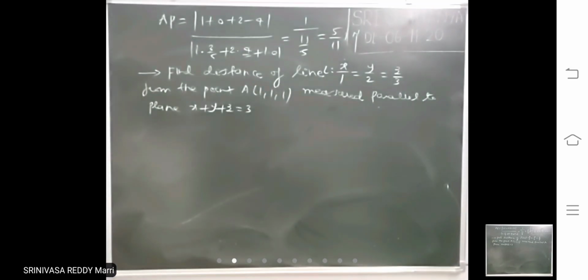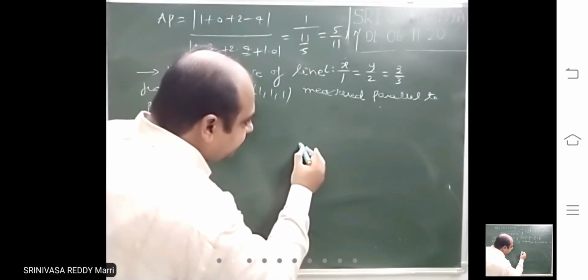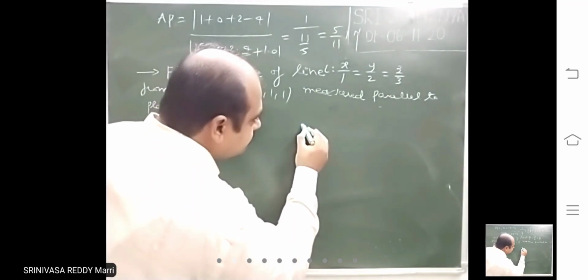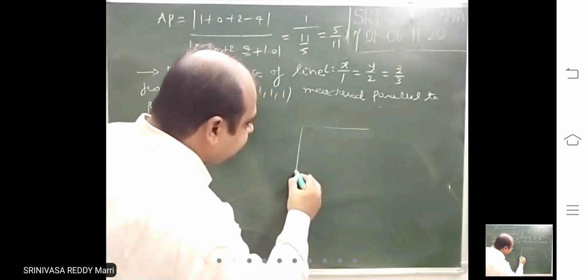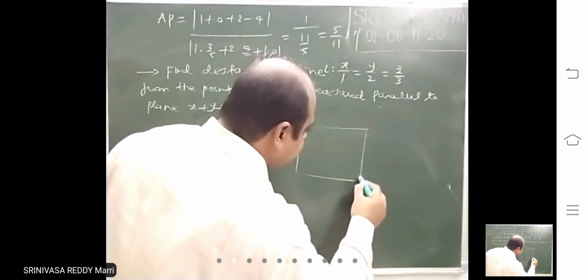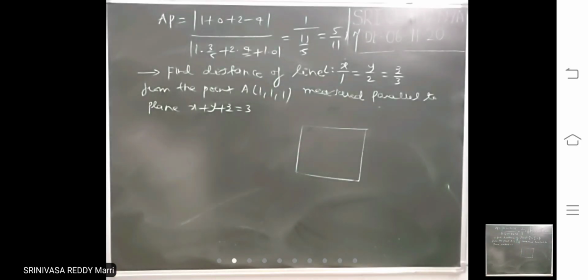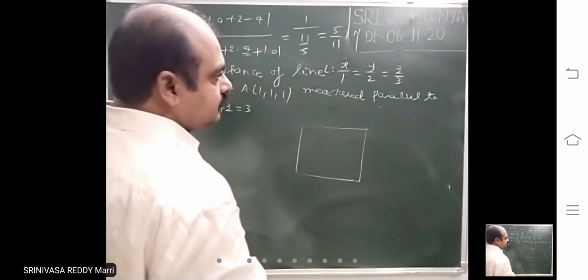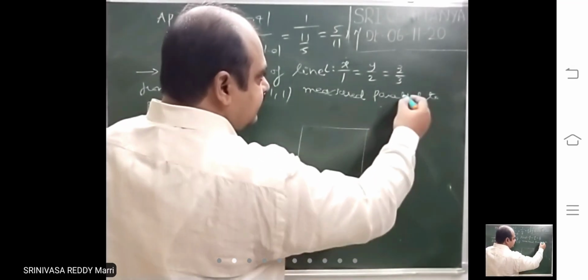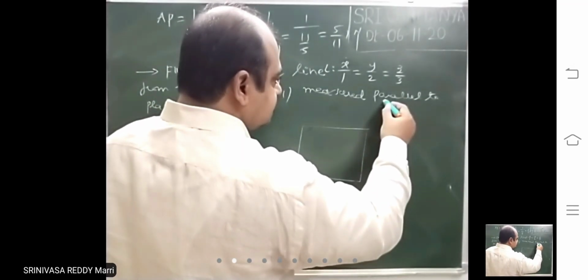Look at here. Now this is not the formula. That is measured. Here the problem is there is a plane like this, and there is a line like this.